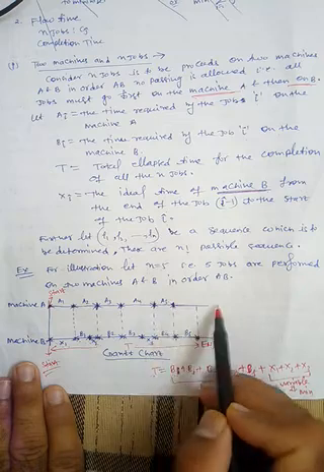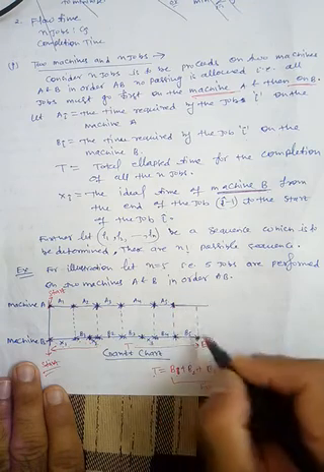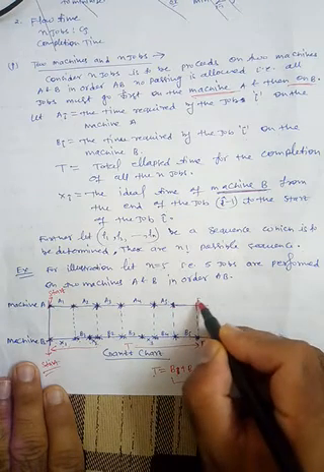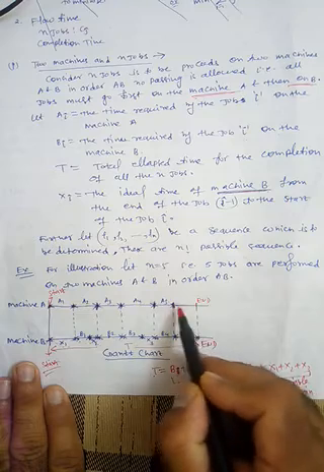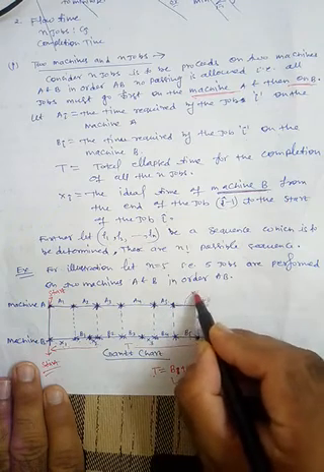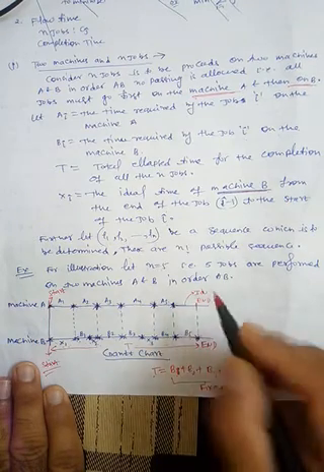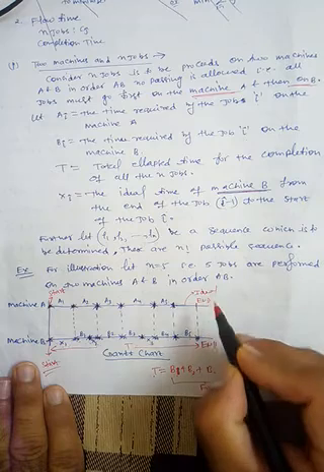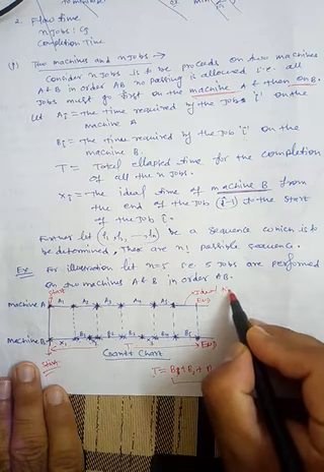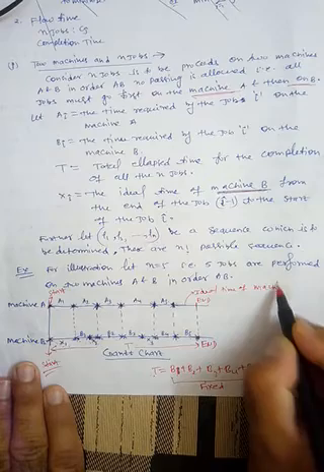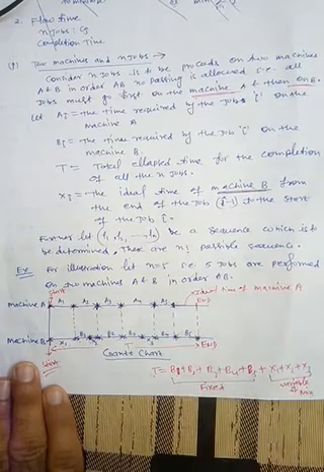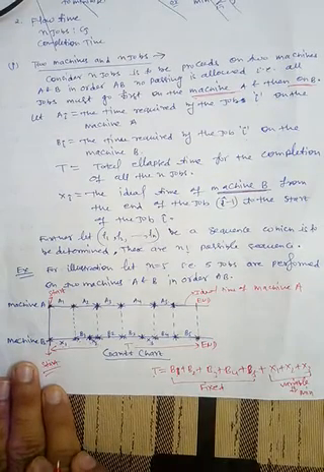From this point till the end point, this is the idle time of machine A.